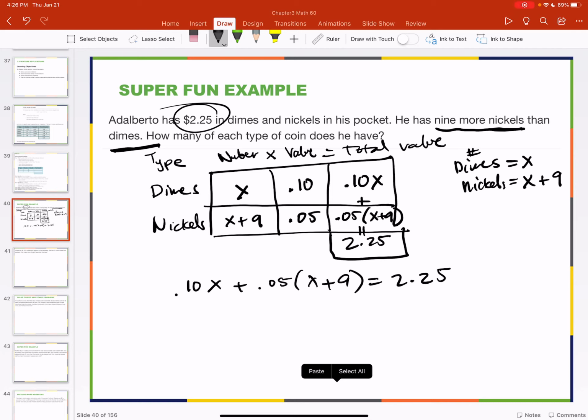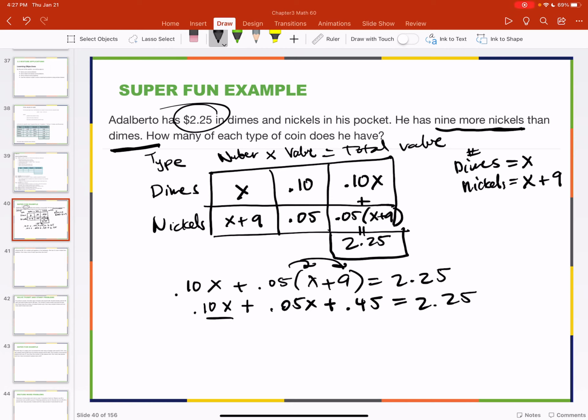To simplify, we can use the distributive property. We have 0.10x plus, we distribute the 0.05, so 0.05 times x plus 0.05 times 9 is 0.45, and that equals 2.25. Then we combine like terms: 0.15x plus 0.45 is equal to $2.25.